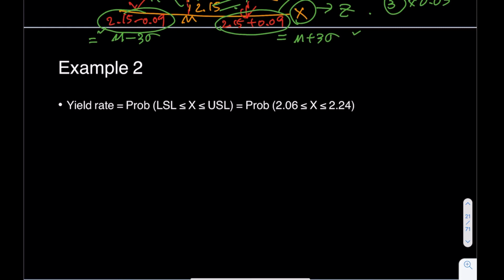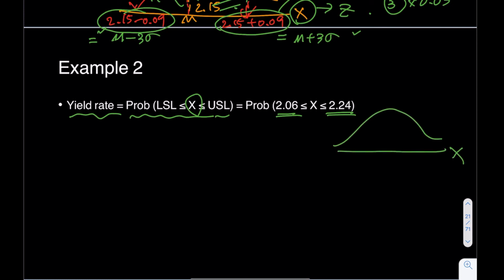Okay, so we can also get this yield rate by converting the normal distribution to the standard normal distribution. By definition, yield rate is the probability that X is between the lower specification and the upper specification. So we know these boundary values. We have the X distribution, and the boundaries are 2.24 and 2.06.